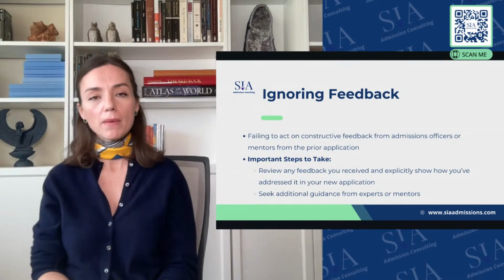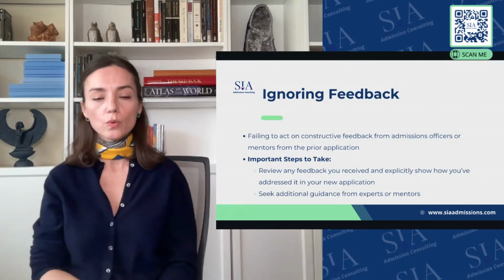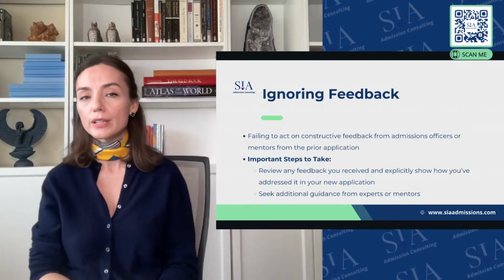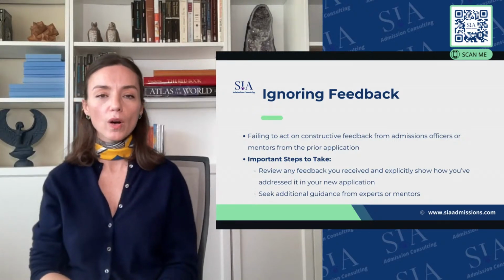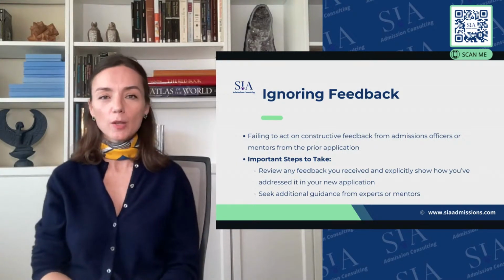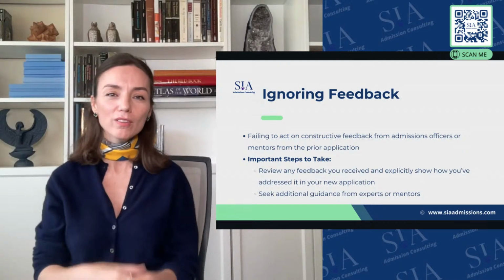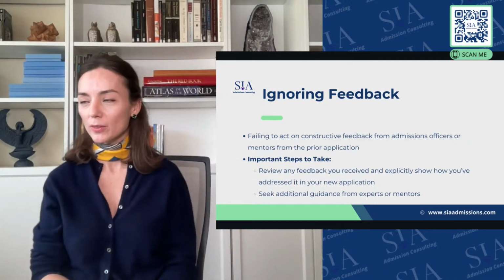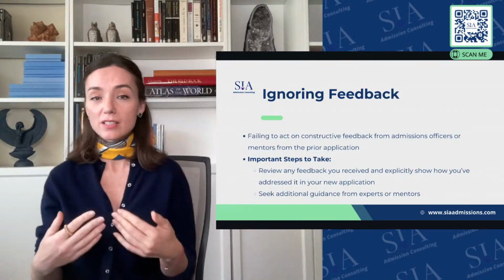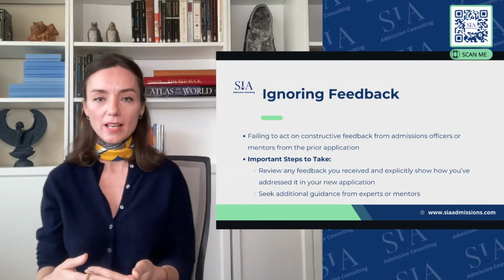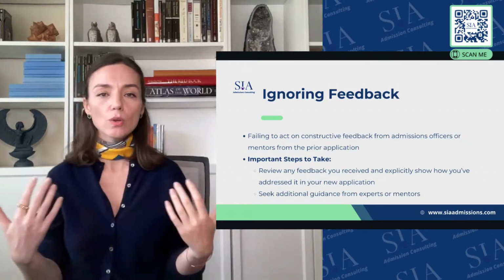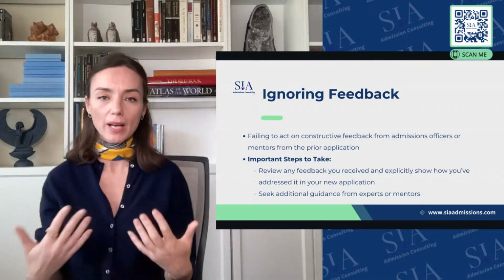This is where mentors, admission coaches, and professionals who know the space and know what schools are looking for can be really helpful in understanding what your shortcomings were, and then help you build a strategy to make the next application better, right? Just because you were rejected, this is a great opportunity to say, I can't do it myself, or I chose the wrong person to support me last time around. I need a refreshed perspective on how I can make my application better.